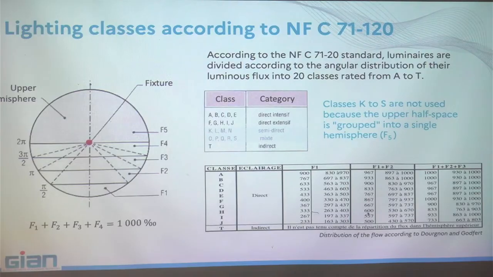And then using that you can classify a luminaire by using one letter from A to J, associated with an extraction efficiency, and also eventually with a part T if the luminaire sends some light above.